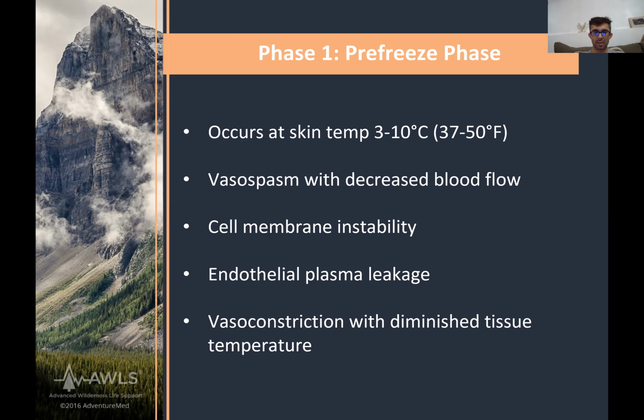Phase 1 is skin temperatures between 37 and 50 degrees Fahrenheit. You develop a vasospasm with decreased blood flow. There's instability of the cell membranes. There's endothelial plasma leakage and vasoconstriction with the lower skin temperature.